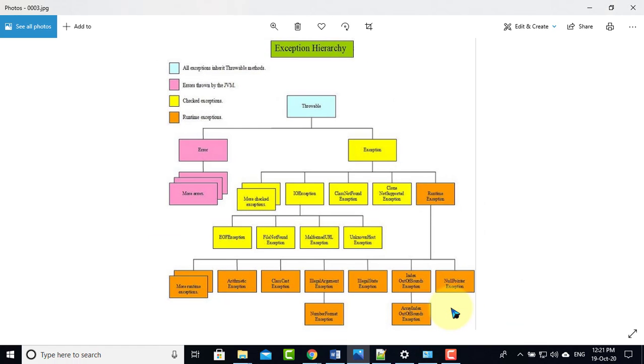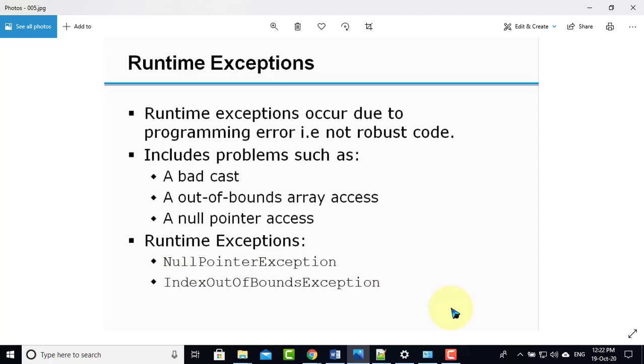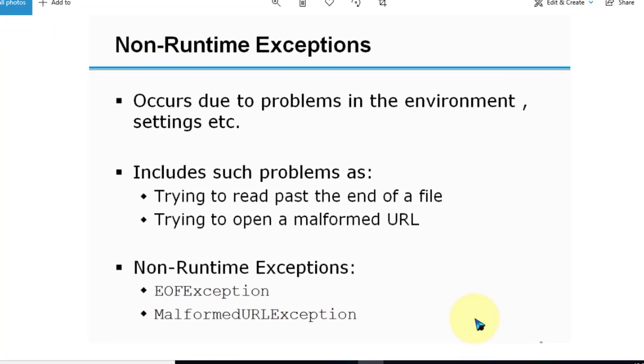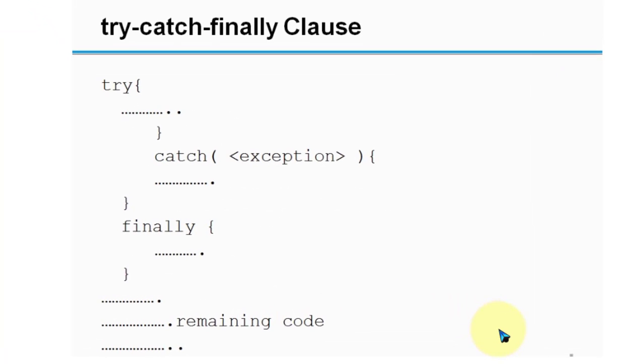And finally is used to deallocate the non-Java resources, or the code which you want to execute at any cost, whether an exception is generated or not. So now the final sequence. Within a try, you only write the code where there is a possibility of generating an exception.